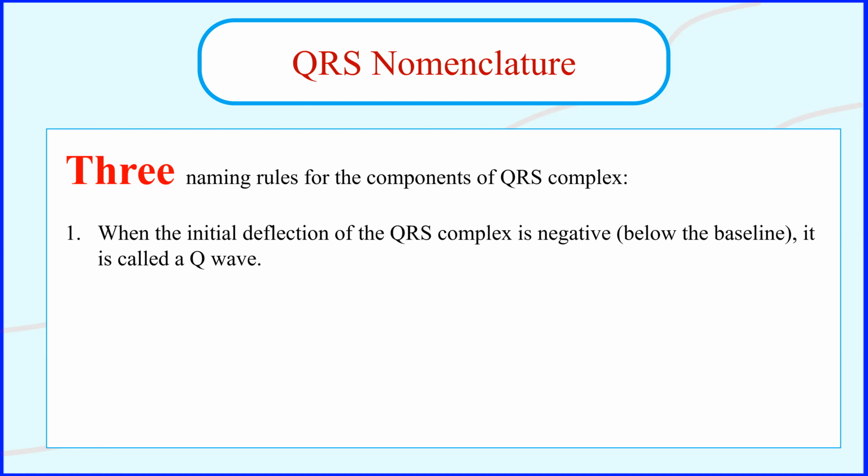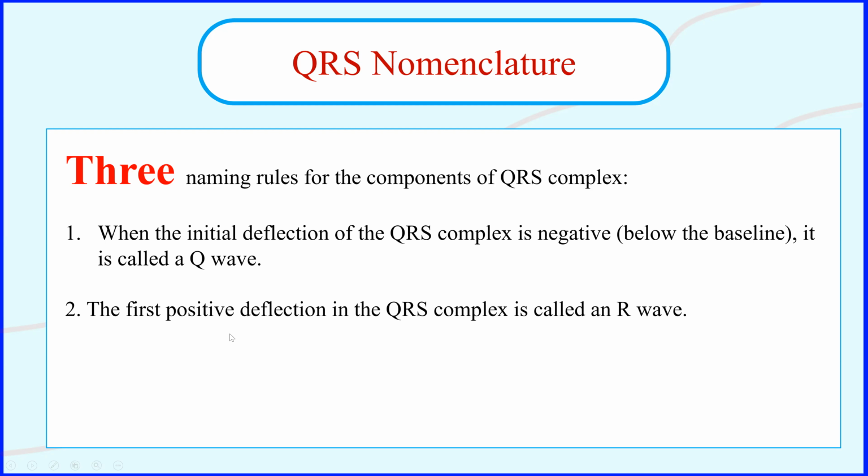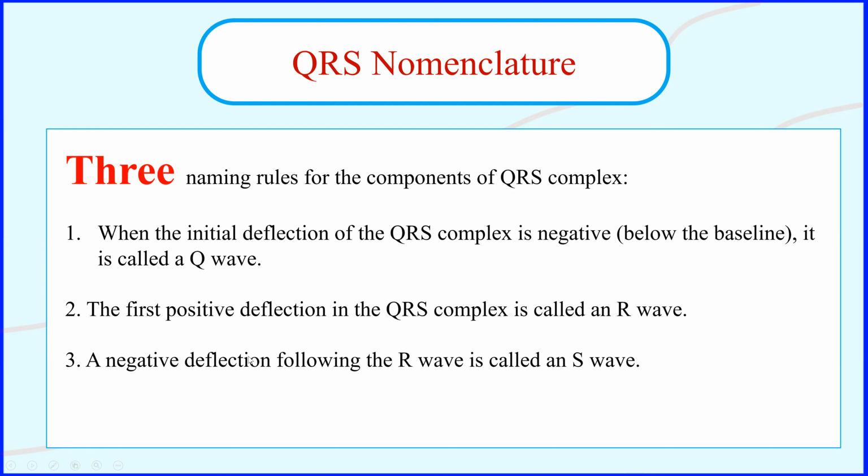So if the initial deflection is below the baseline, that means it's negative, and this wave is called Q wave. Now, the first positive deflection of the QRS complex is always called R wave. Now, the next negative deflection that comes after the R wave is called the S wave.